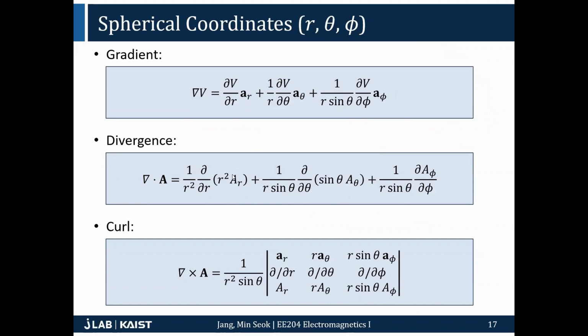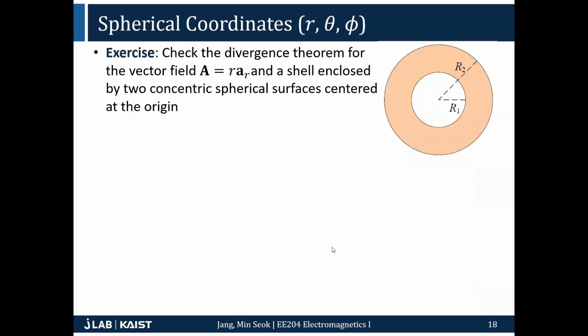So here's r squared sine theta, r sine theta, r sine theta here without anything inside. This looks pretty random if you just look at it. But if you know what the scale factors are and how they work, then you understand this. And here too, curl can be defined like this. It's the same, so I'm not going to go into details.